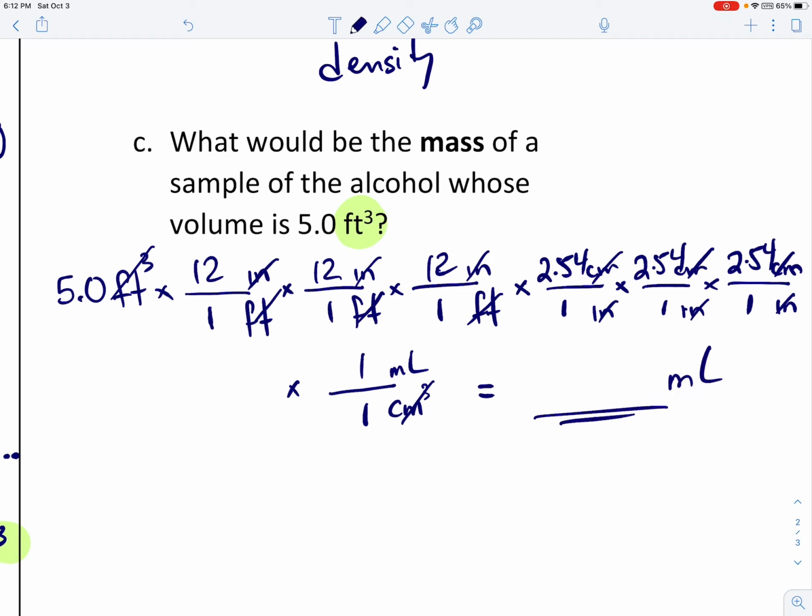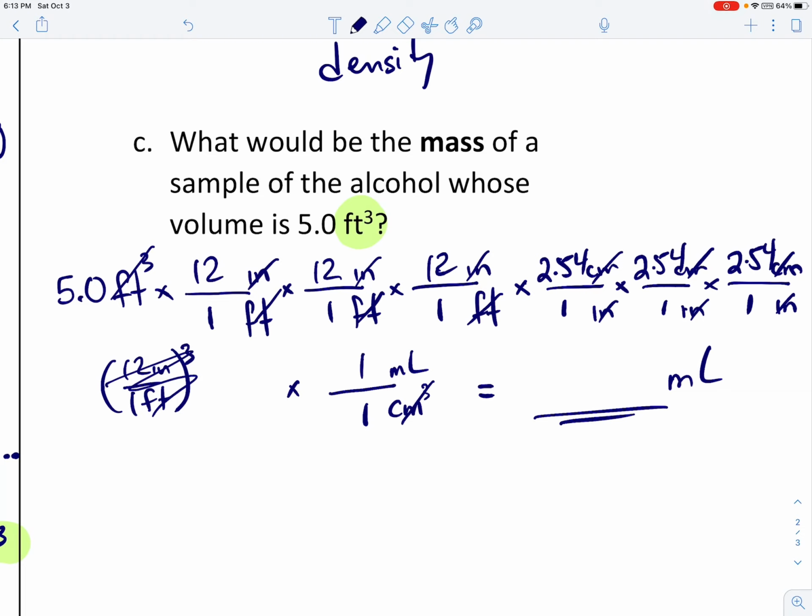So now we're going to get our answer for the volume in milliliters. 5 times 12 times 12 times 12. Now you may have simply written this unit multiplier and put a cubed beside it. You could have just said 12 inches in 1 foot and put a cubed outside the brackets like that instead of writing it 3 times. But in grade 9, I usually suggest people write it out like this so that they don't screw that up.